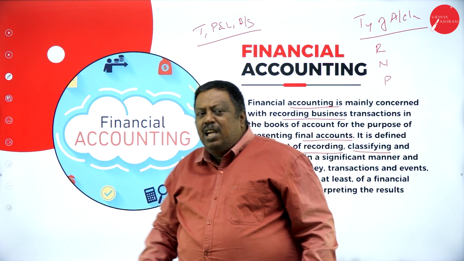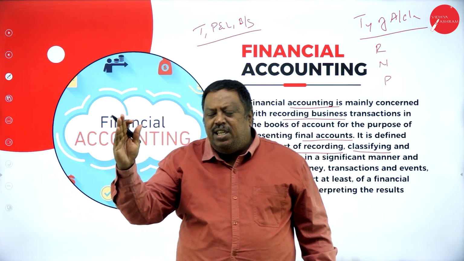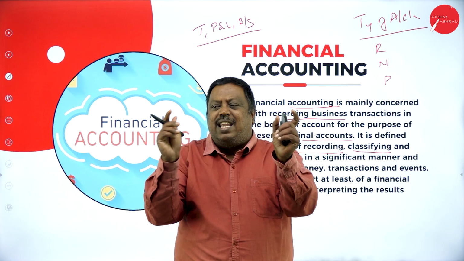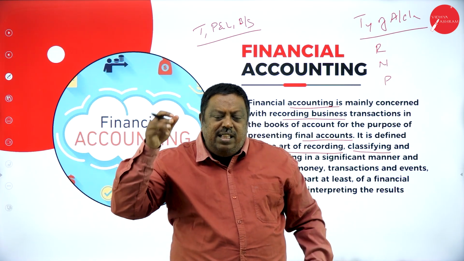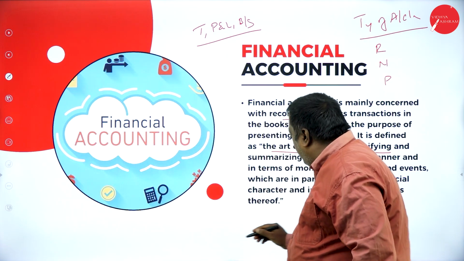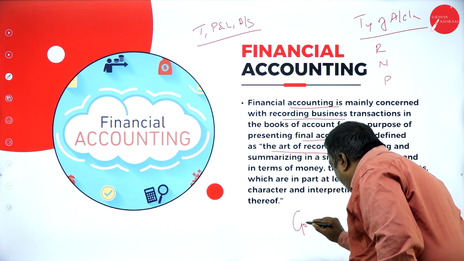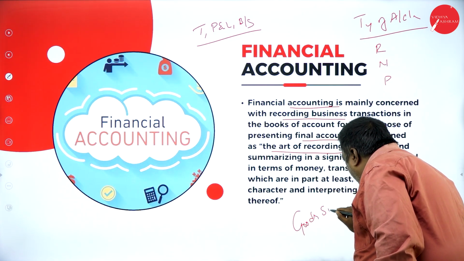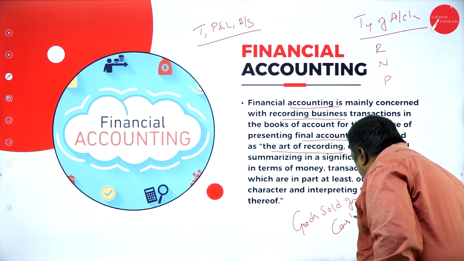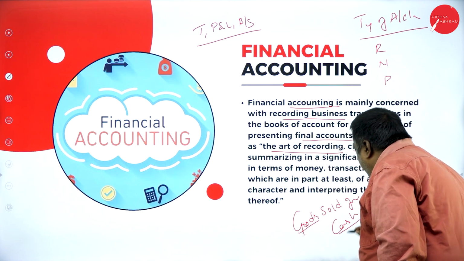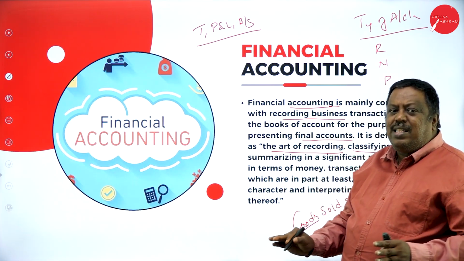For example, goods sold for cash. Goods and cash are the main two concepts of this transaction.